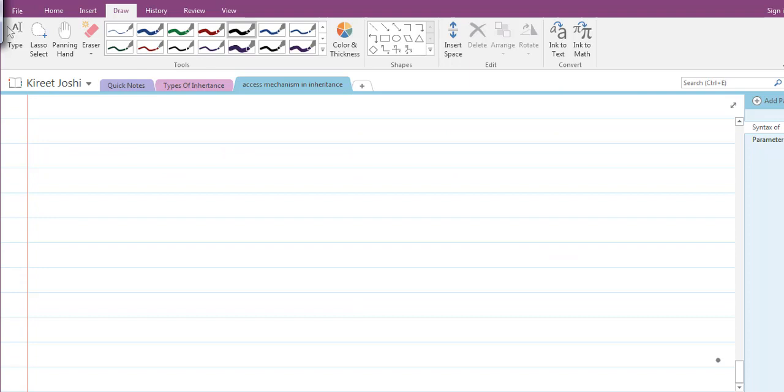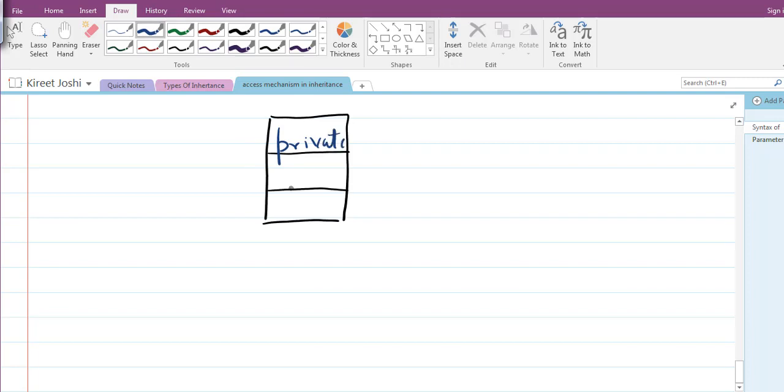Next is the visibility mode, that is, how one class is viewing the features of the other class. Suppose this is a class. This class can be categorized into three: private, protected, and public.